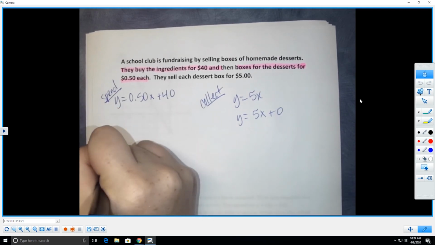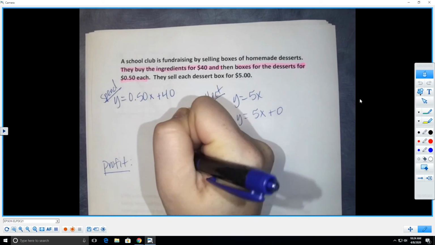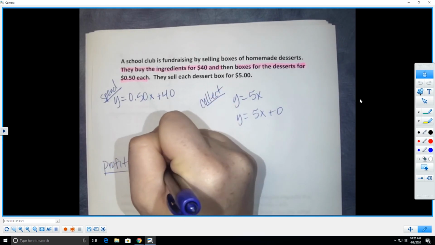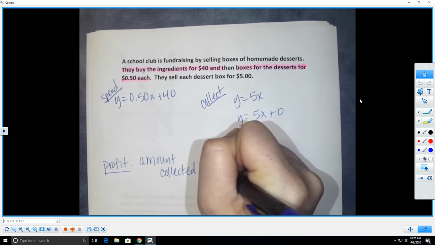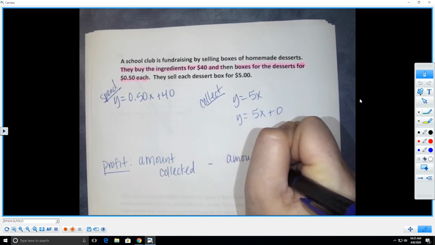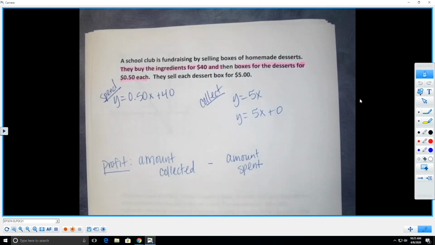So my profit is the amount collected minus the amount spent. Let's substitute in what we know.